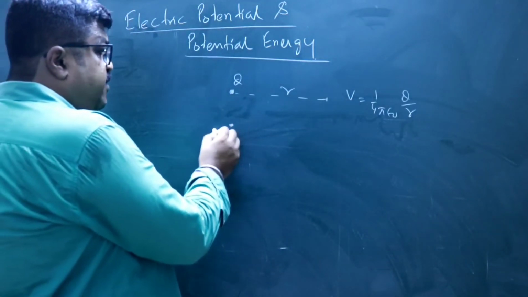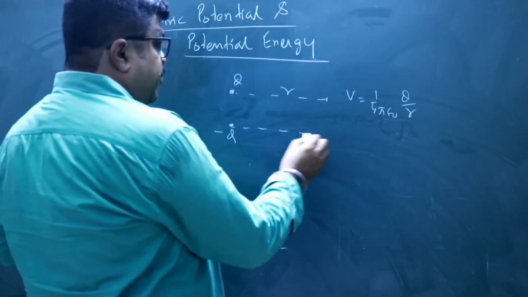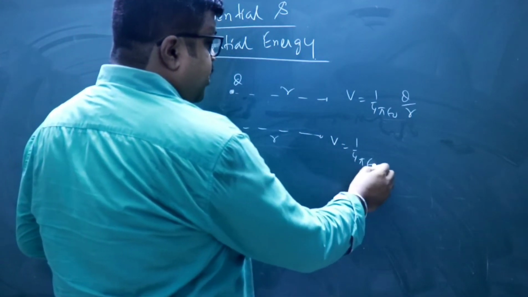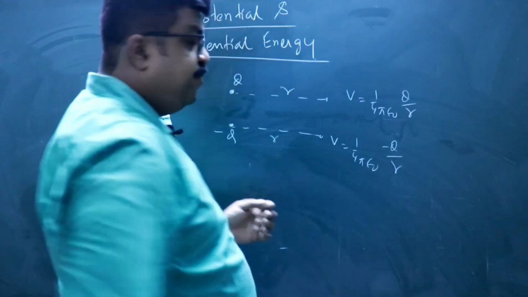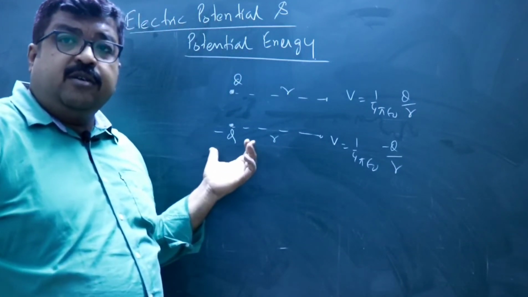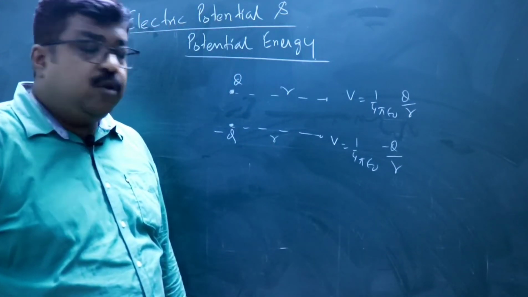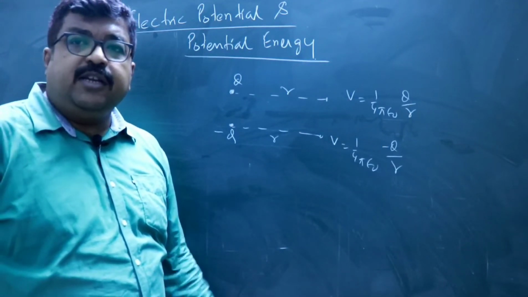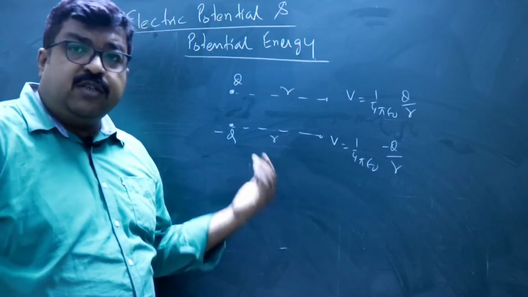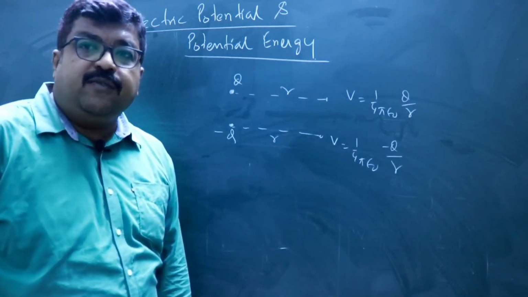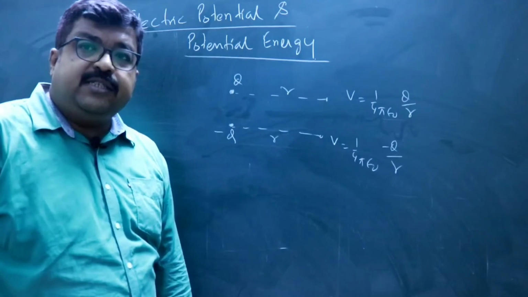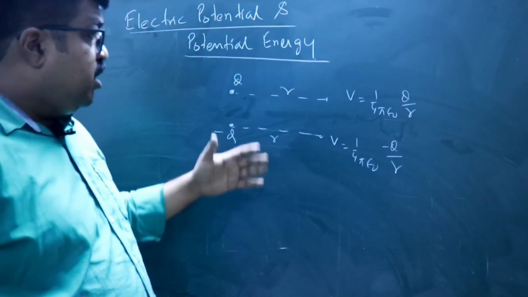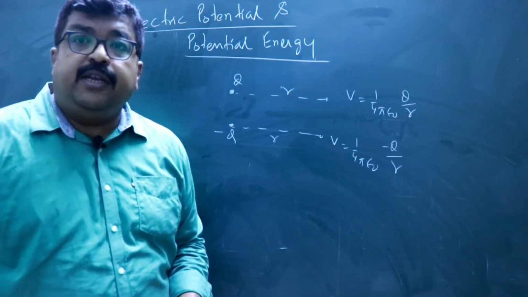Whereas for a negative charge, minus q, at distance r, V will be 1 by 4 pi epsilon naught minus q by r. For a negative charge, the potential will be negative. So as you move away from a negative charge, the electric potential will increase, whereas if you move towards a negative charge, the electric potential will decrease. That is the significance of this minus sign. This is how electric potential varies for a positive charge as well as for a negative charge.